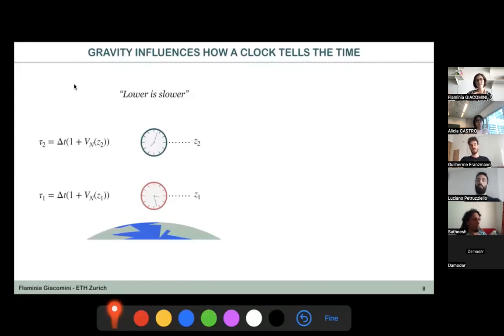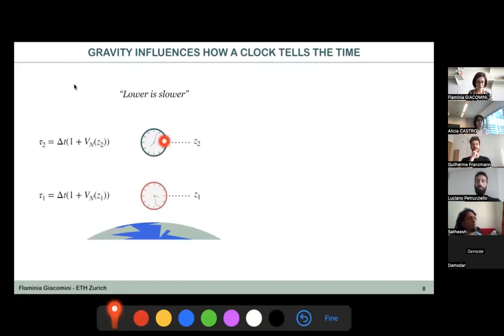So let's take the Earth and let's put clocks at different heights in the gravitational field of the Earth. Now, a clock that is at some height z1 will tick according to some proper time, tau1.